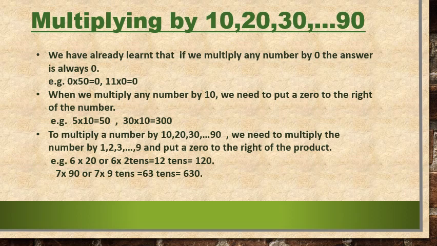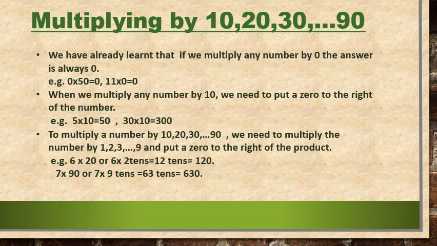When we multiply any number by 10, we need to put a 0 to the right of the number.